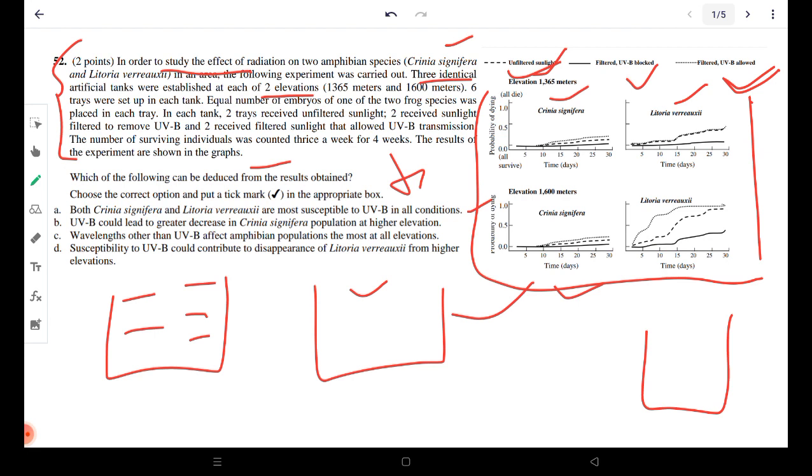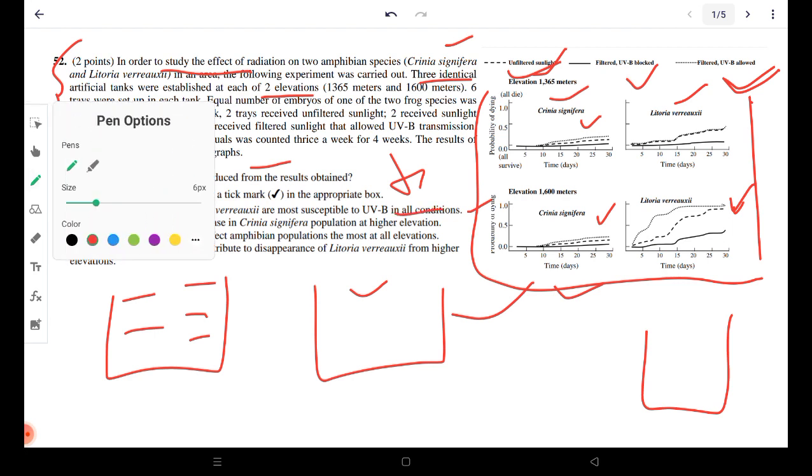Taking this tick marks line, we can expect that in this condition also UVB affects the most. This graph also shows that UVB has affected the most. So from these three graphs we can conclude that the first option is right, but it has given in all conditions.